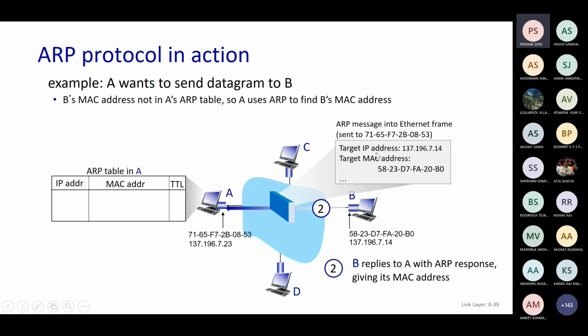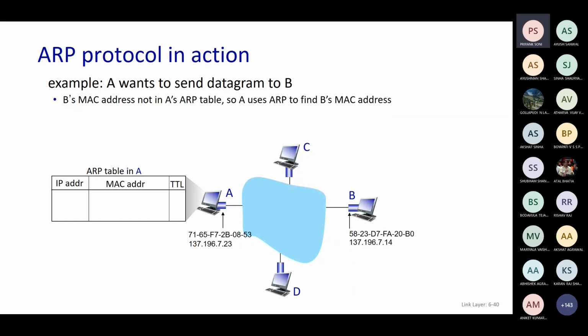The target IP address is of course the IP address of A. Sorry, this was the one that has been sent. Okay, this is not the correct one. They should go like this. Okay. So now, when this message, let me go back.